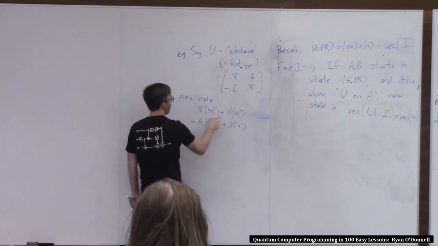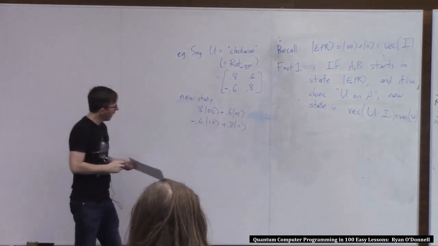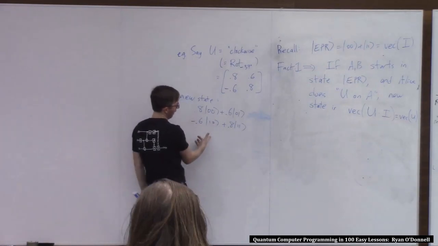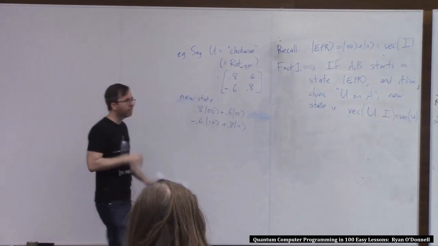It's just the same 4 numbers, arranged like this. And this is an unnormalized state. The sum of the squares of the amplitudes here is 2, but that's okay.